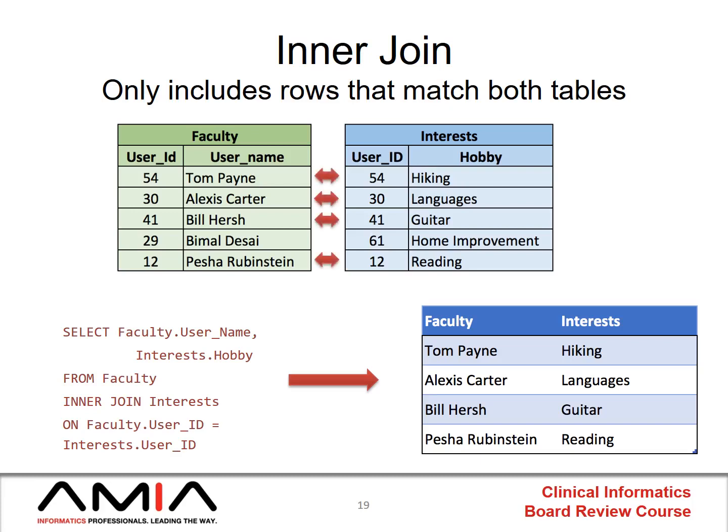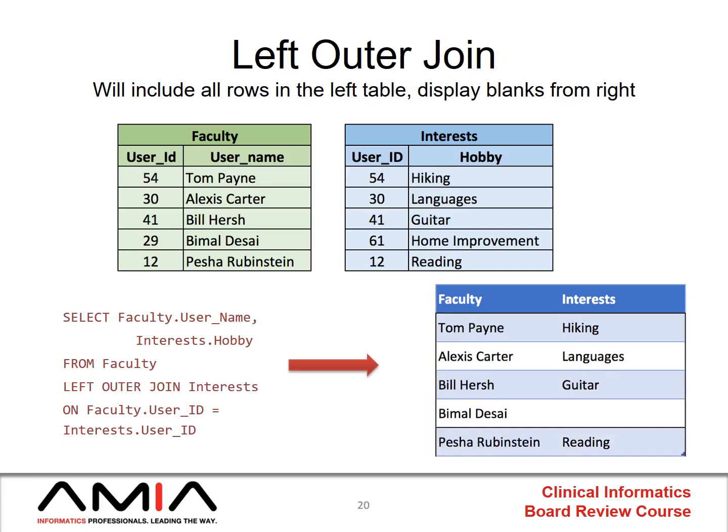Right, so there's the 4 rows that matched, and you can see there's nothing that matches the missing faculty or missing interest. Well, what if we changed it from inner join to this new phrase, left outer join? That would include all the rows in the left table, even if it forces us to display a blank cell in the right table.